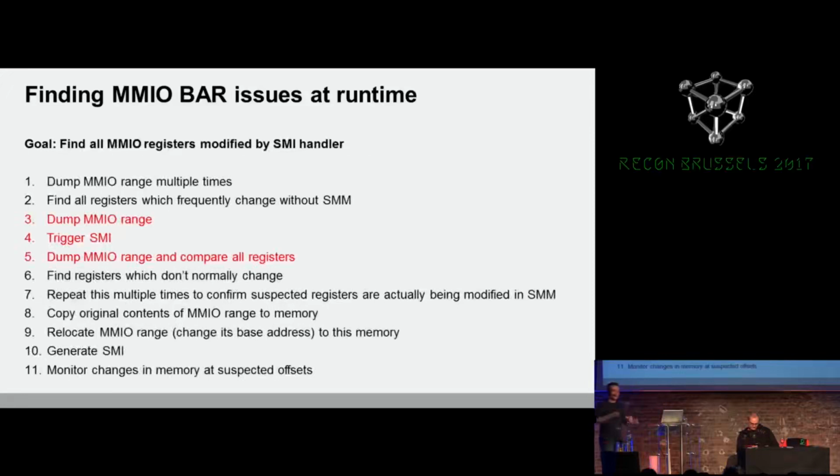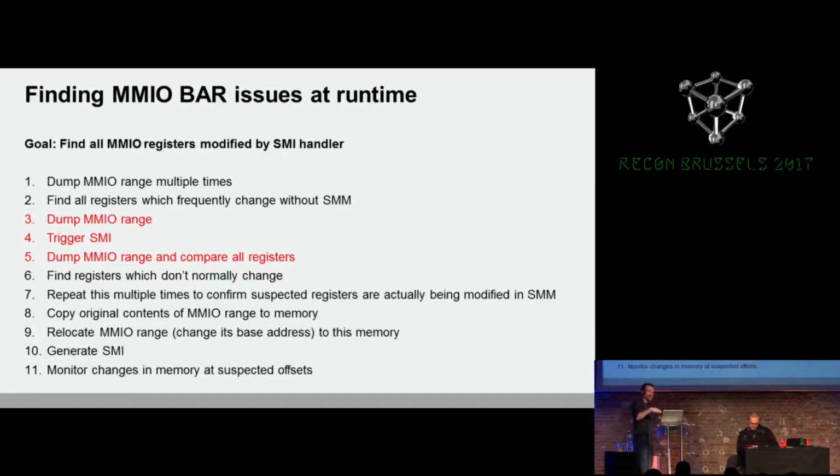So that's kind of a high level, entire flow, of how we solve that problem. Basically, for every MMIO range, we dump the MMIO range multiple times with a delay, let's say 20 times, and we find all of the registers that normally change without SMI handlers. So we add those registers to a list and call it a normal difference or something like that.